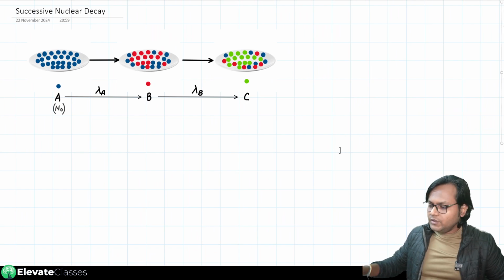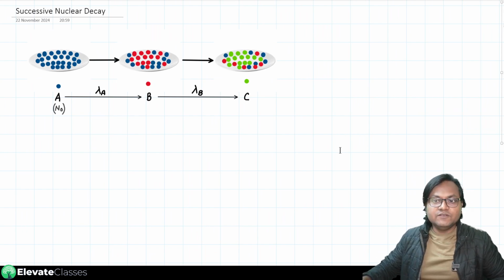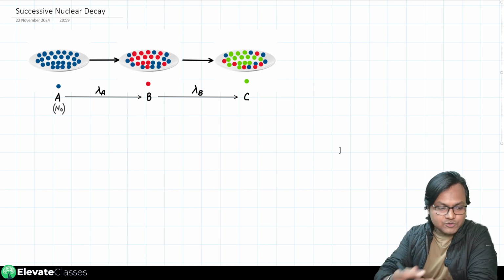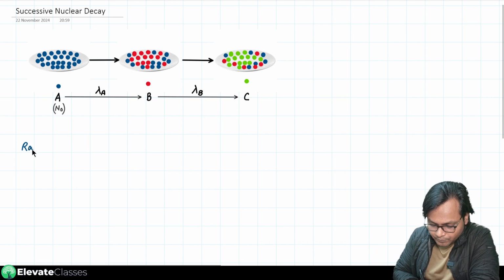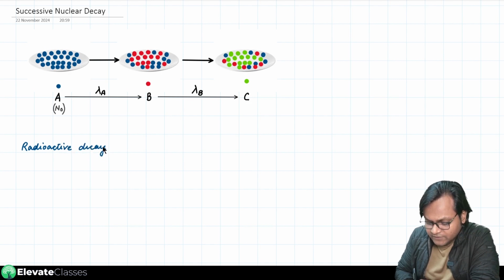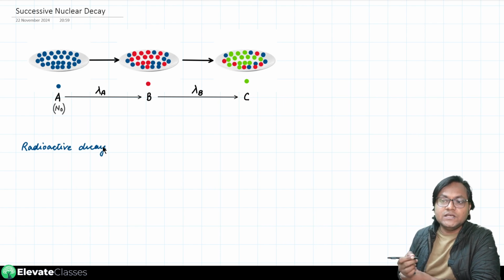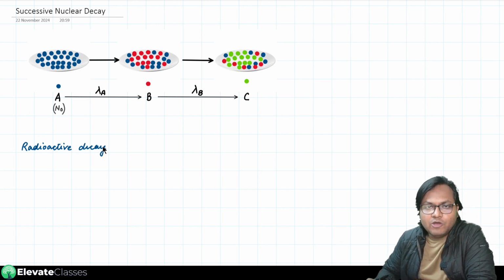So you must be familiar with the radioactive decay law. Whenever some sort of a radioactive nuclei decays, the radioactive decay law simply tells us the rate at which a certain radioactive nuclei is decaying.